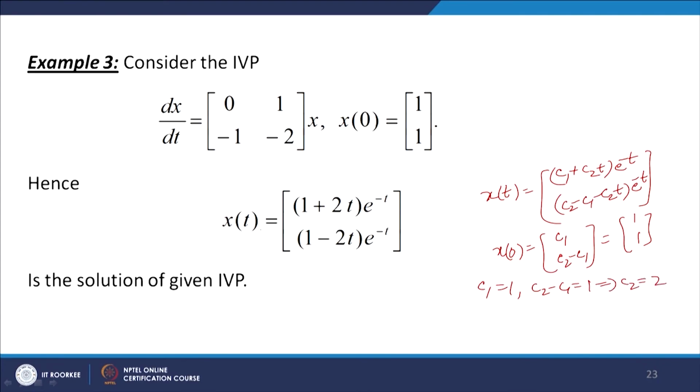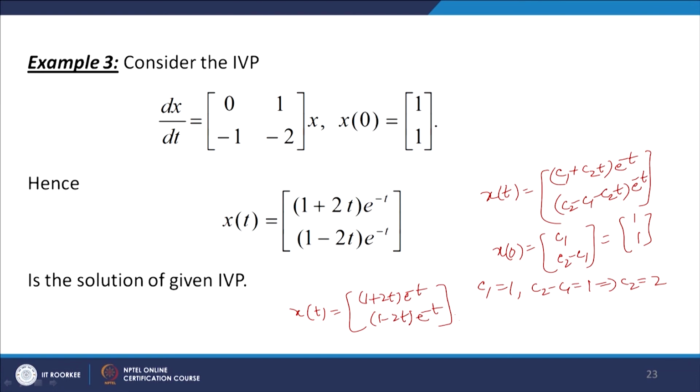So, we get x(t) with C1 is 1, C2 is 2: (1 plus 2t) e raised to the power minus t, and then C2 is 2, C1 is 1, so 2 minus 1 is 1, (1 minus 2t) into e raised to the power minus t.